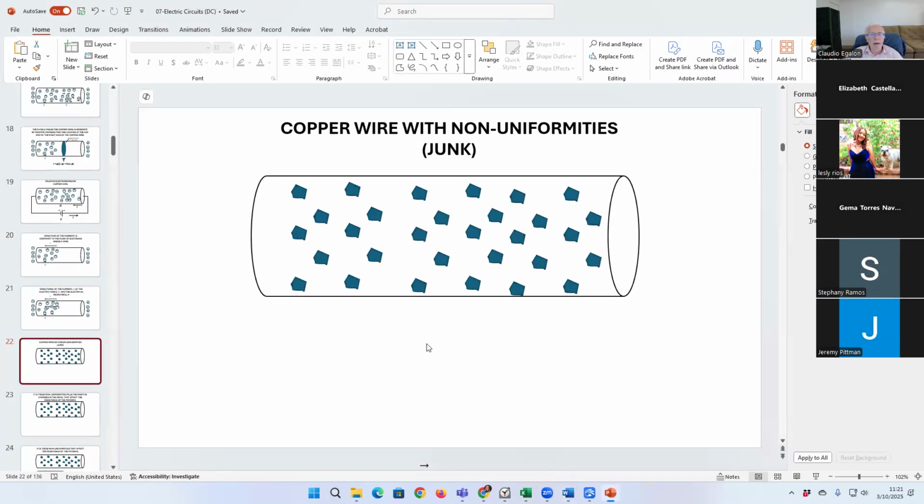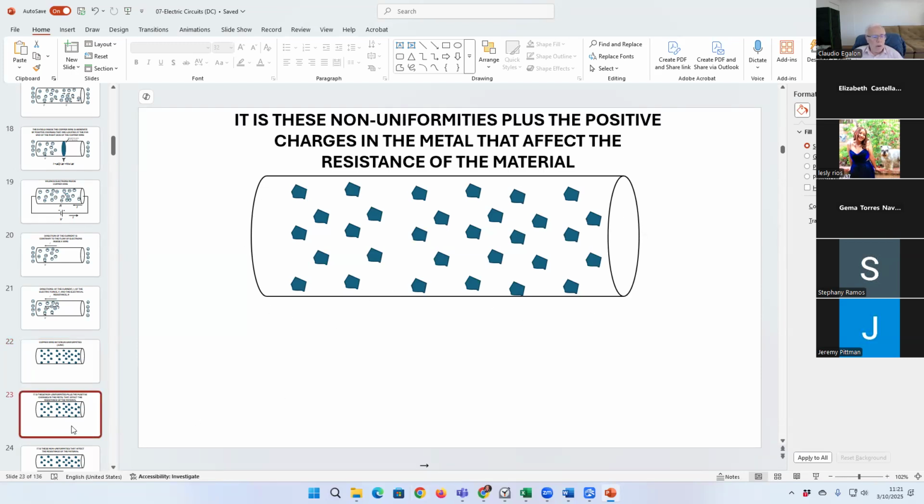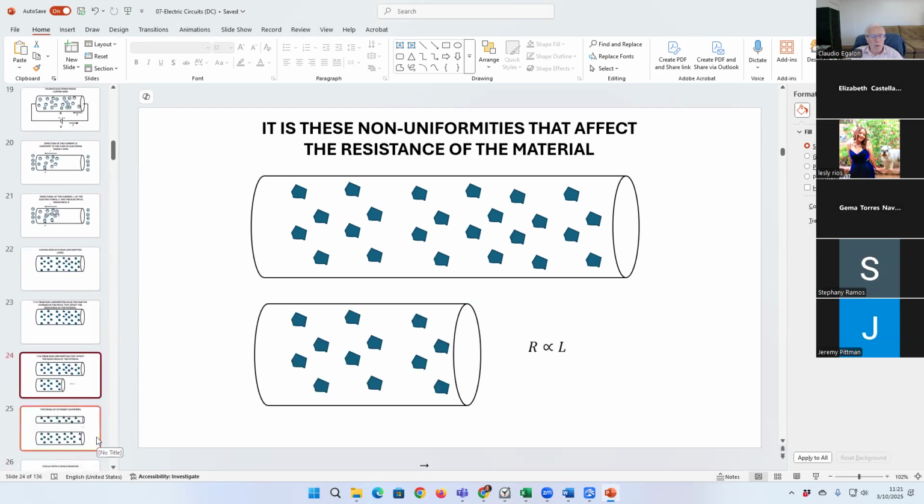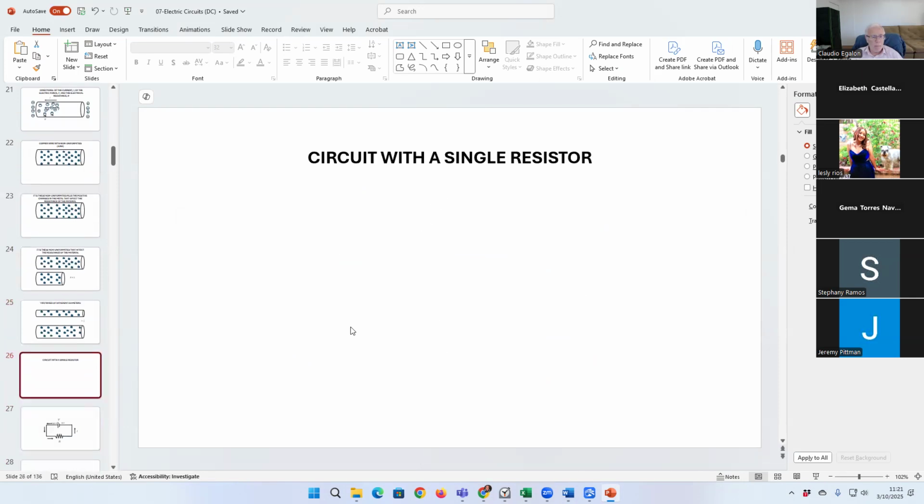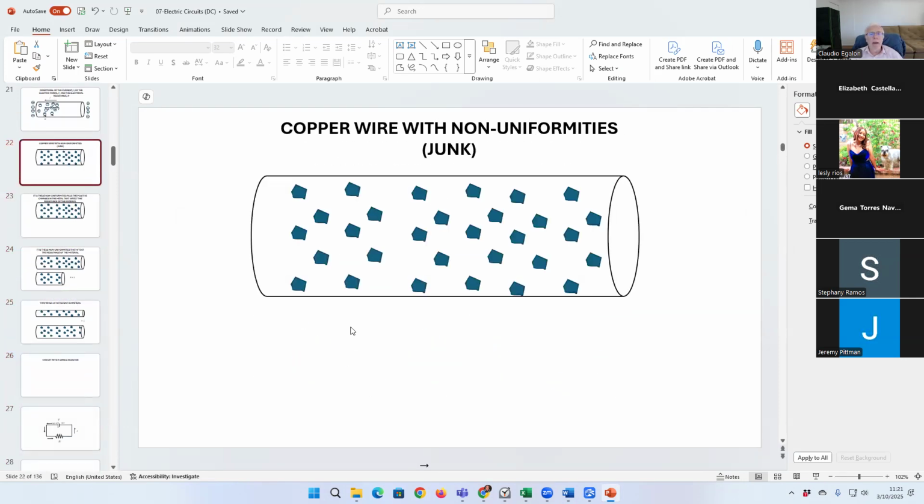When you have the electrons moving inside your wire, we have those protons, those nuclei that are attracting those moving electrons. And we also have some non-uniformities in the cable that slow down the motion of the electron. Can you picture that?